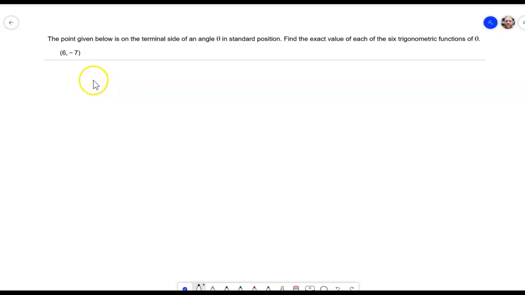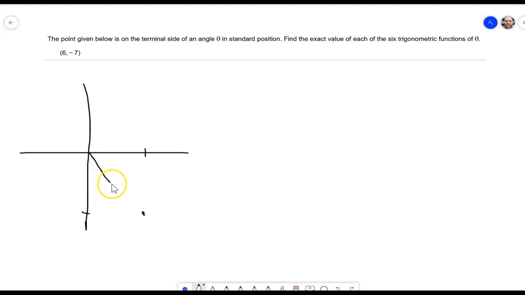Alright, so I'm going to make a crude graph here. I'm going to go about 6 in the positive x direction, a little bit farther in the negative y direction. So I've got a point down here, and I'm going to draw a line going down to that point, as straight as I can without using that calculator.